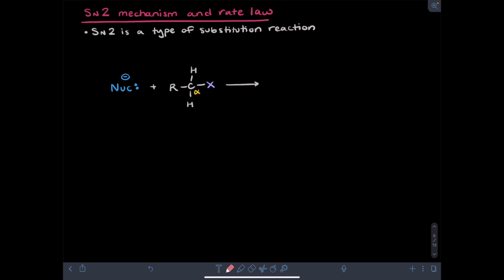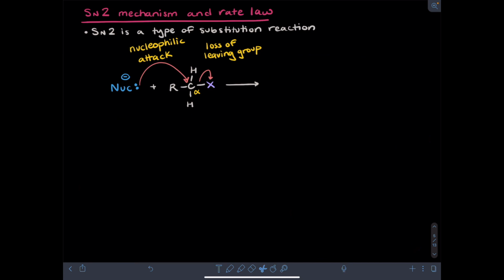I use the lone pair from the nucleophile to form a bond to the electrophilic carbon that is alpha to the halide, and then I break the carbon-halide bond and bring those electrons to the halide. The first curved arrow is showing a nucleophilic attack.